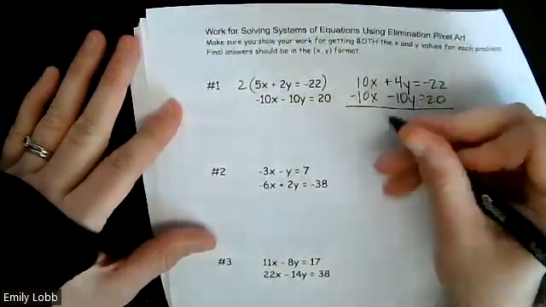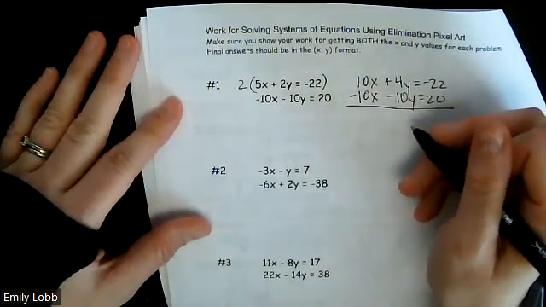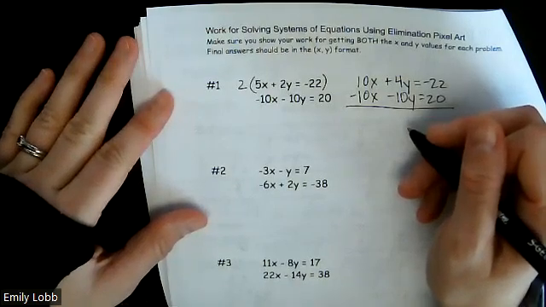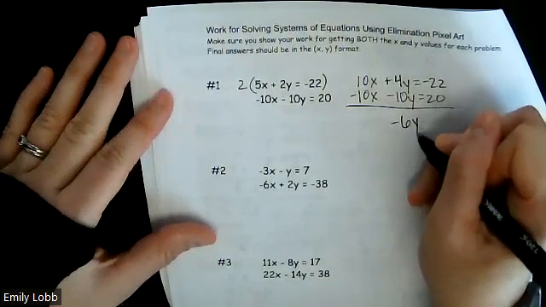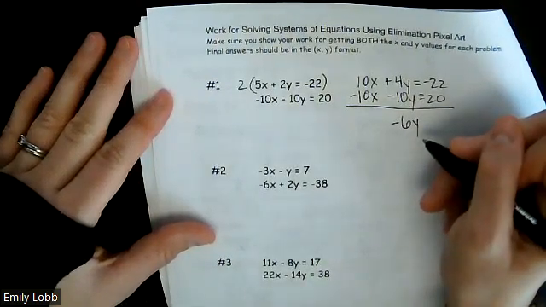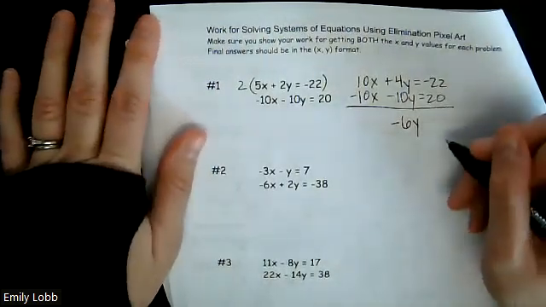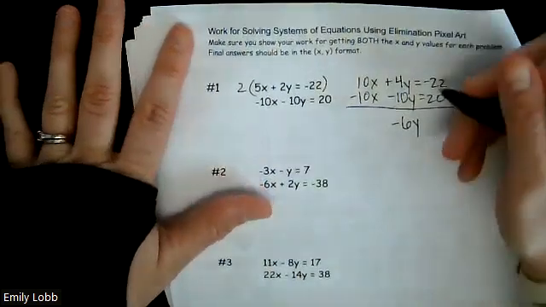So these all come out pretty nicely. This becomes, as I say that, I'm looking at it now and I'm like, what? This becomes -6y. And this is equal to, oh, look what I did.